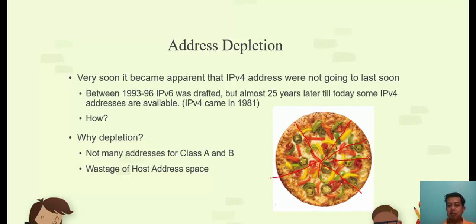These sizes are already prefixed, fixed ahead. Say you don't want to eat this size of pizza, but you have to buy it. If you want to buy a class A, you have to buy this size, and out of this, say you can only eat this part. So this amount is going waste. This was happening with class A or class B. So a huge number of IP addresses were going waste.